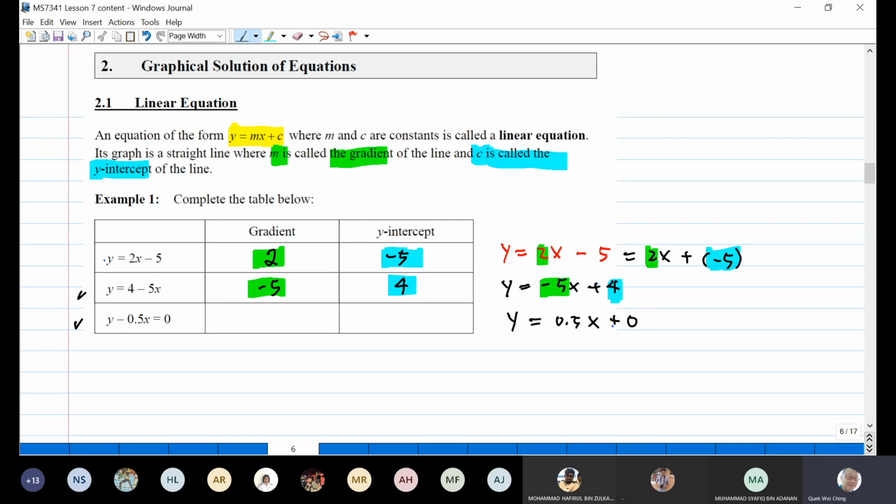So what is the gradient now? The gradient always comes with the x here. So this is 0.5, which comes with the x here. And then the 0 by itself is here. It's the Y-intercept.